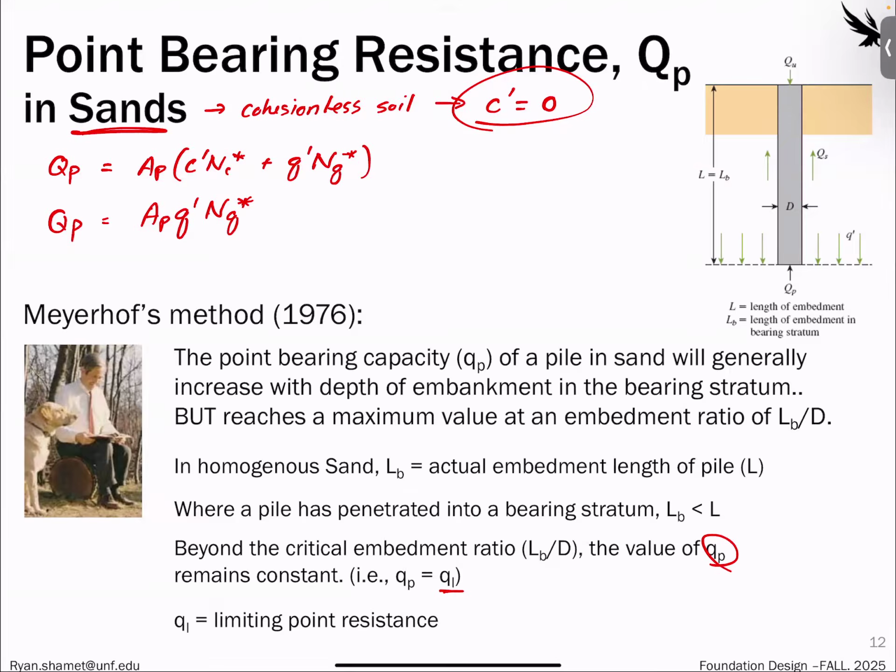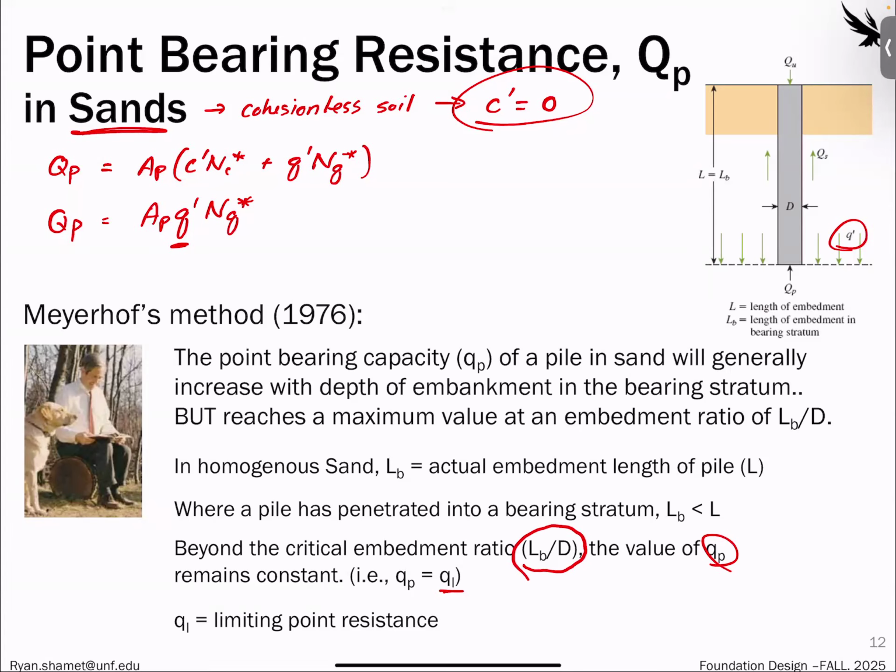So all that to say is eventually, if we have an infinitely long pile, this Q term is going to max. This Q term, which is a contribution to the total resistance, will eventually max at this ratio, LB divided by D. So you don't get just an infinite amount of strength.